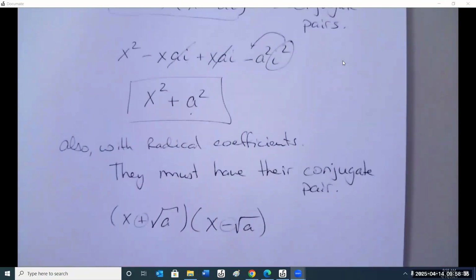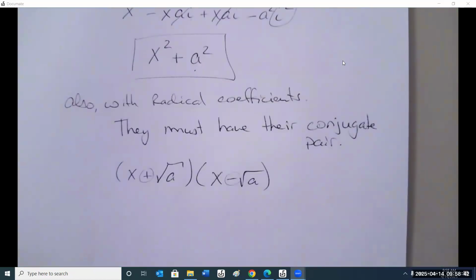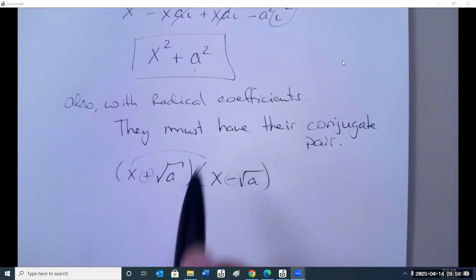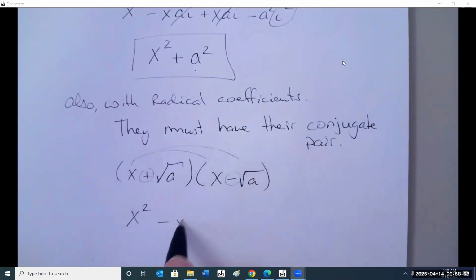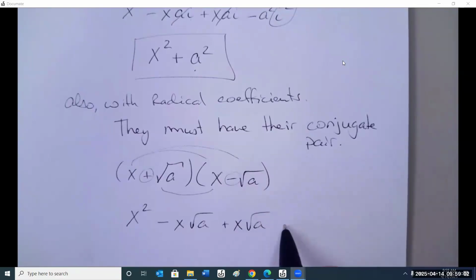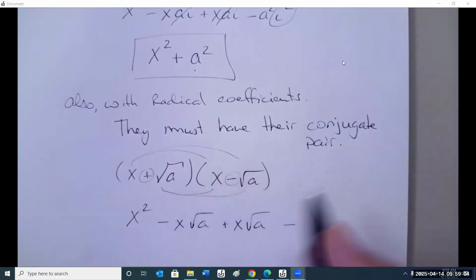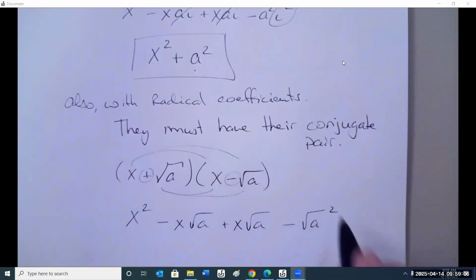Let's multiply these out together. Because remember, the section is with real coefficients. So if our answers are radicals, we have to know automatically its conjugate. So x times x is x squared. We have negative x radical a plus positive x radical a, minus radical a squared.